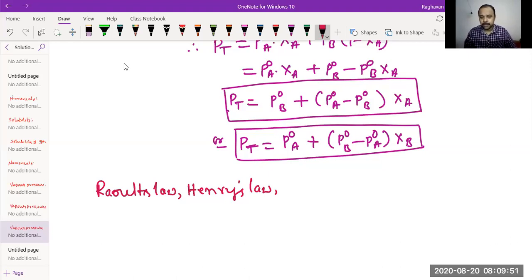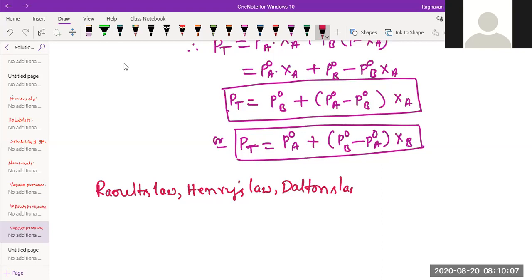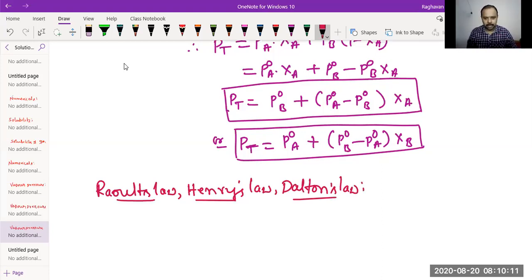If there is a mixture of non-reacting gases, how do you find the partial pressure of each component? Dalton's law of partial pressure. All three, in a way, can be correlated.